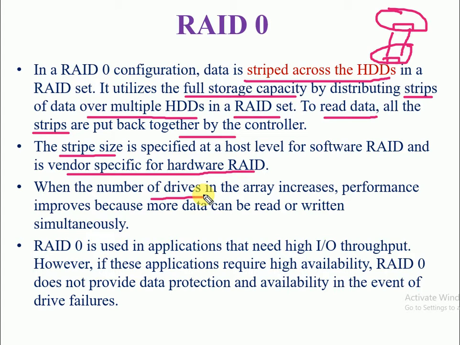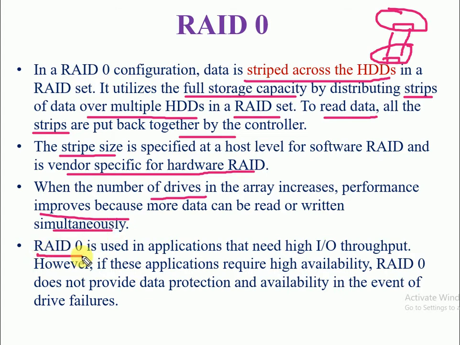So when the number of drives in the array increases, performance improves because more data can be read or written simultaneously, since the strips are associated with more hard disk drives.